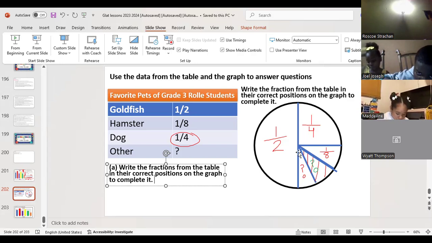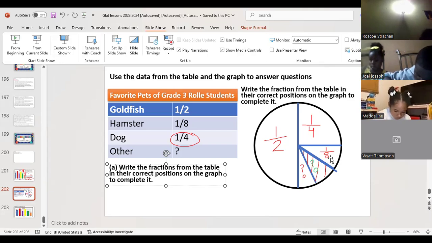So far we have 1 over 2, we have 1 over 4, we have 1 over 8.